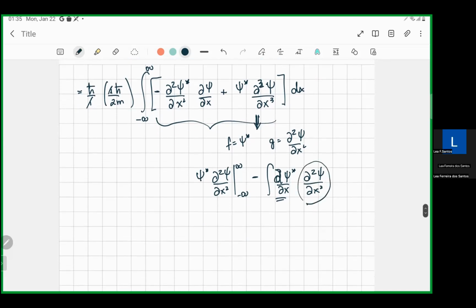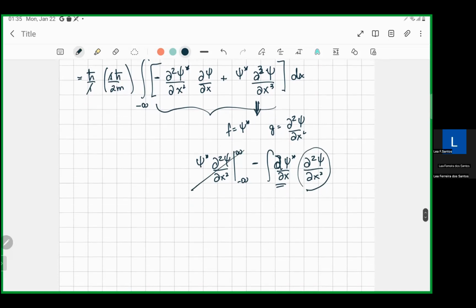Okay, remember what we said in class? If the wave function is square integrable, which is what we want to be normalized, the wave functions have to go to 0 at infinity. So we got rid of this part. So the term that is surviving is this one.